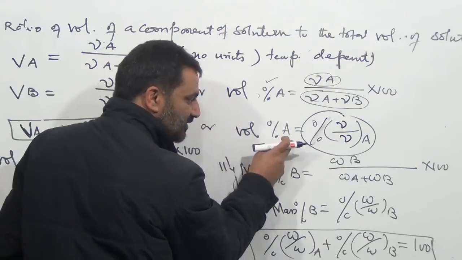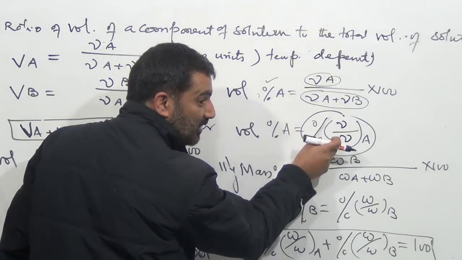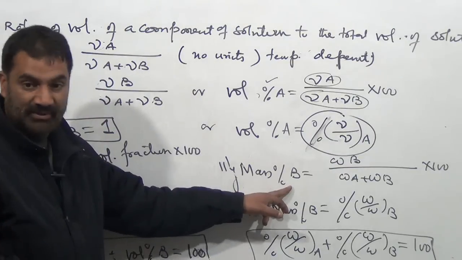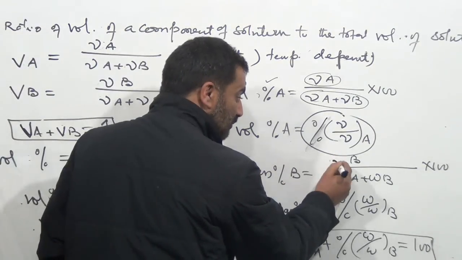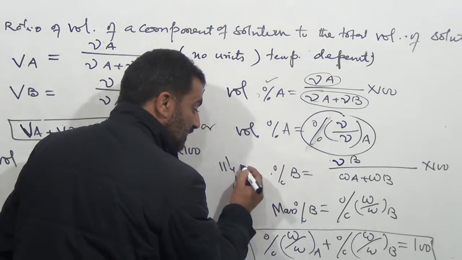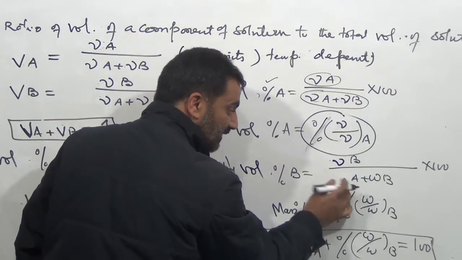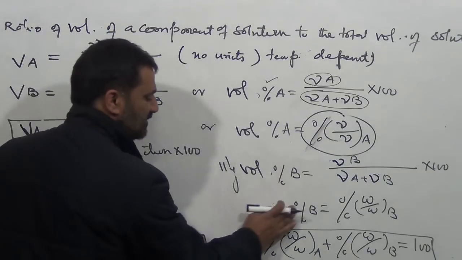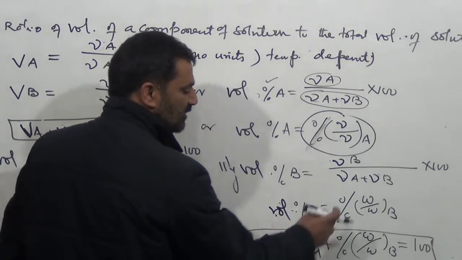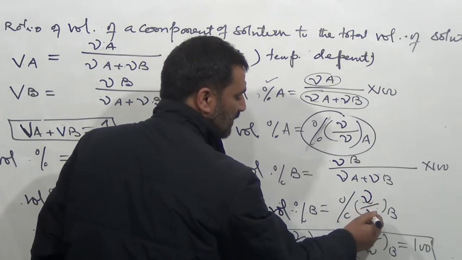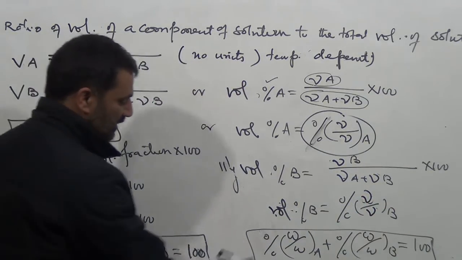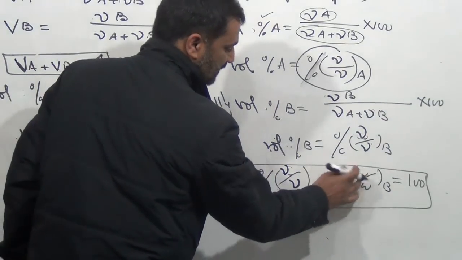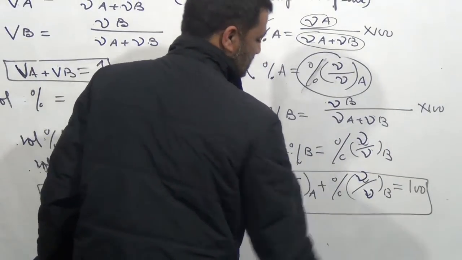So this is volume percent of A, that is percentage volume by volume of A. Similarly, volume percent of B is equal to VB divided by VA plus VB, that is percentage volume by volume of B. So percentage volume by volume of A plus percentage volume by volume of B is equal to 100.